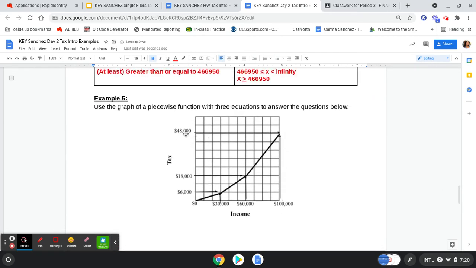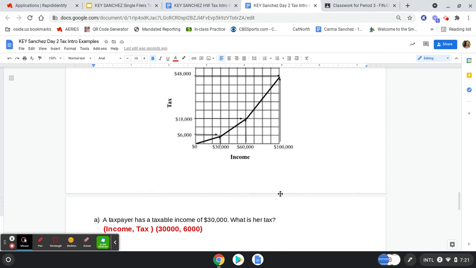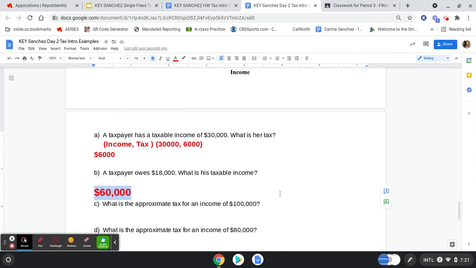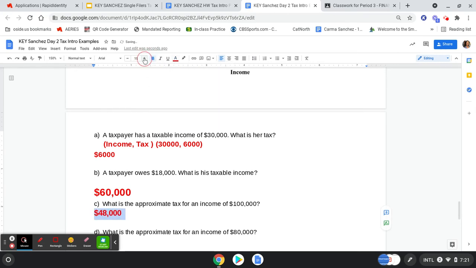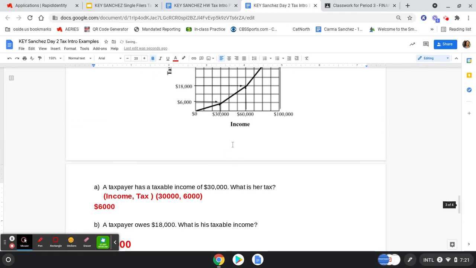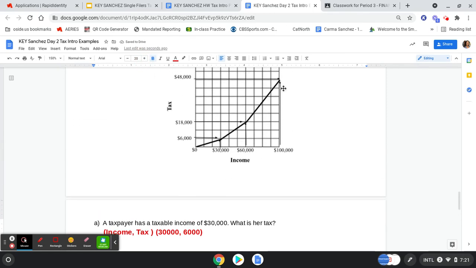So if 48,000 is right there at that 100,000, do you see it there at the end? So again, we go to an income of 100, and we see that it's got that output tax amount of 48,000.